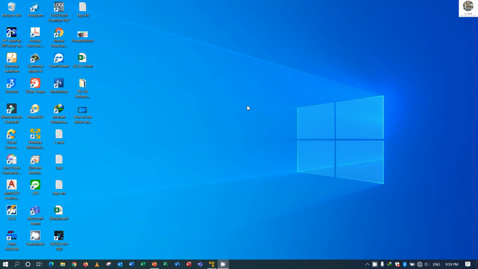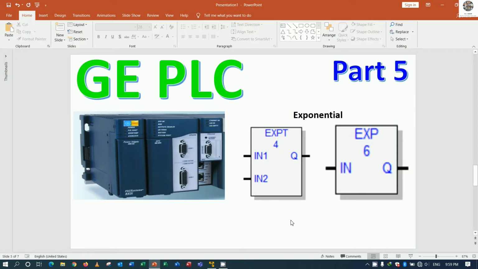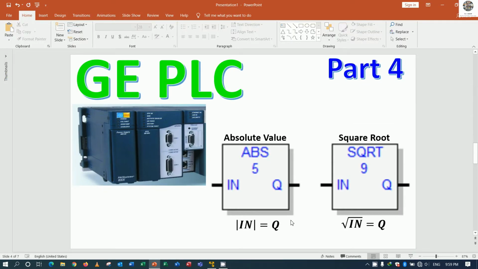Today we continue our lesson about basic PLC GE, about the topic math function. In the previous video, we already learned about the advanced math for two functions.